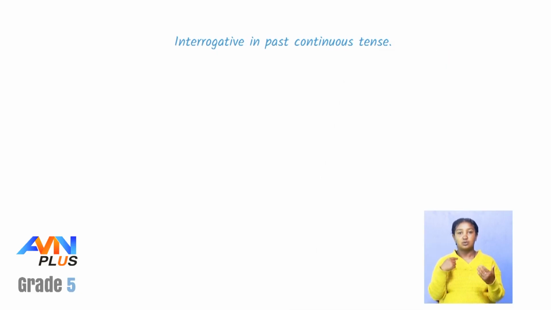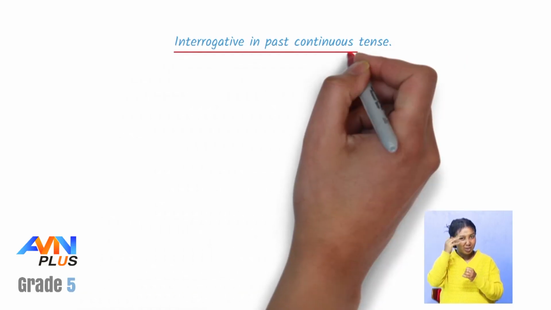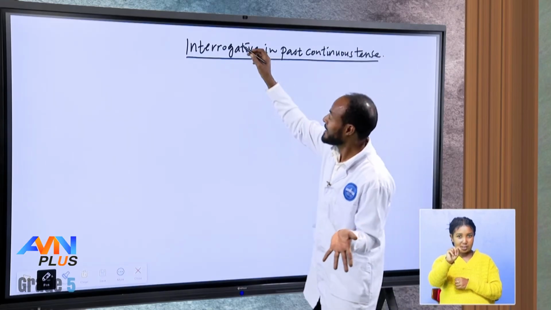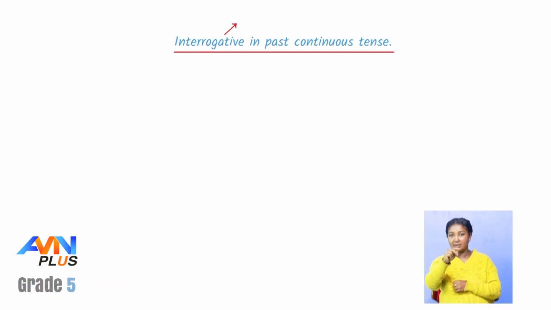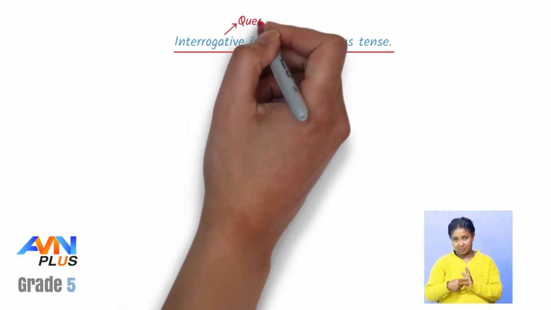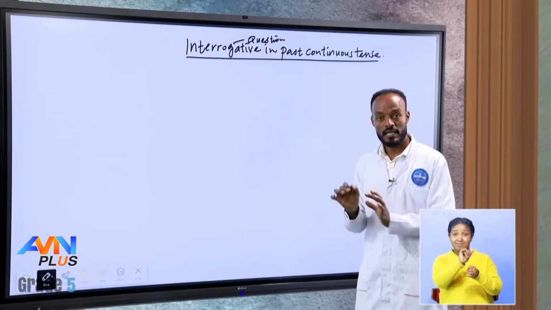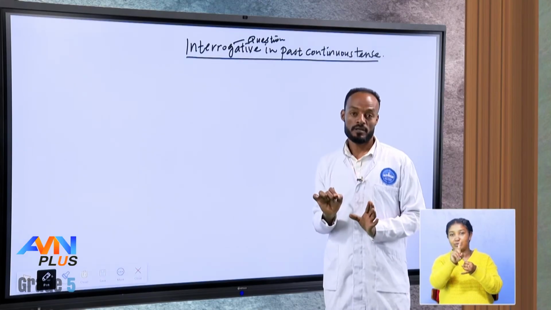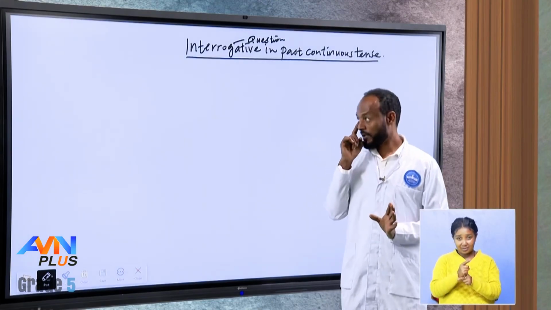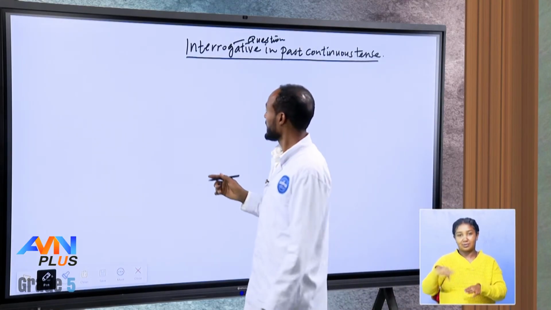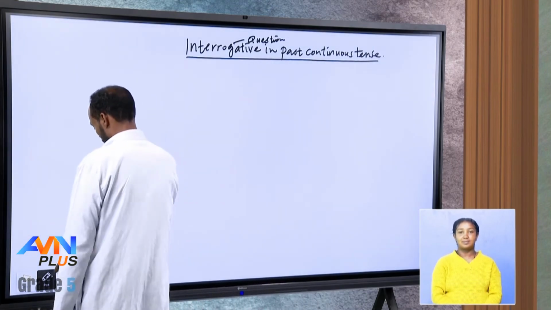So I hope you have some information about interrogative. Interrogative means, in other words, a question. Okay? Question. At the end of such kinds of sentences, we have to use a question mark. Am I right? Bravo. Come on, students. Okay.